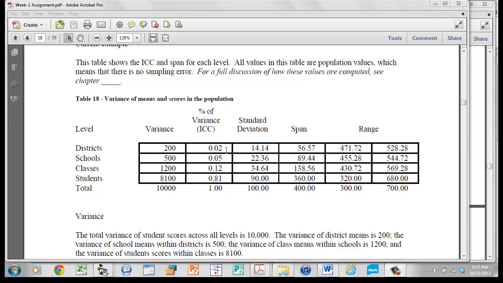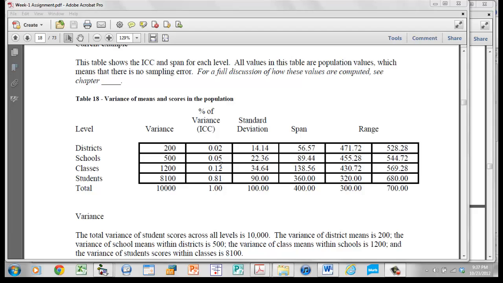The nice thing about working with the ICC is that it's independent of scale, so that if we have the ICCs, we can go ahead and do the power analysis even if we don't know what the original scale metric was. The problem with working with the ICC is that you might go to a table where they say the ICC for districts in something like this is 0.02, and you can take it on faith, but you don't necessarily have a really good feeling for what that means.